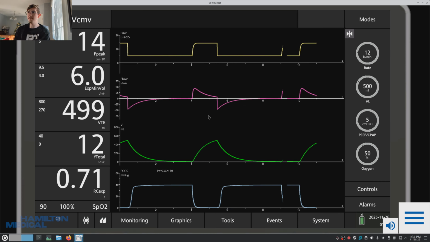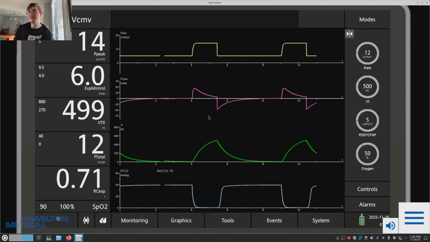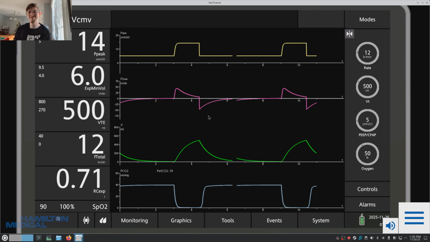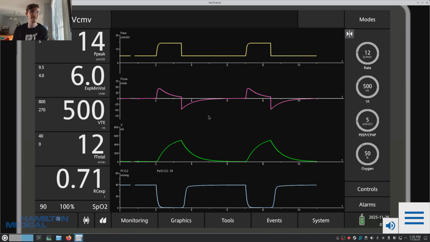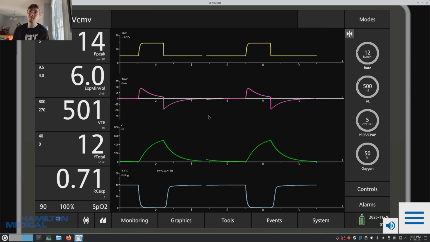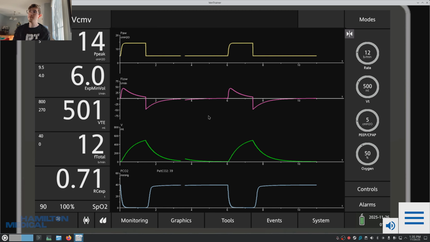But once again, is the patient going to like the flow if they're paralyzed? It might feel more comfortable, but well, okay, if they're paralyzed, they should be sedated too. So really, probably won't make a difference.